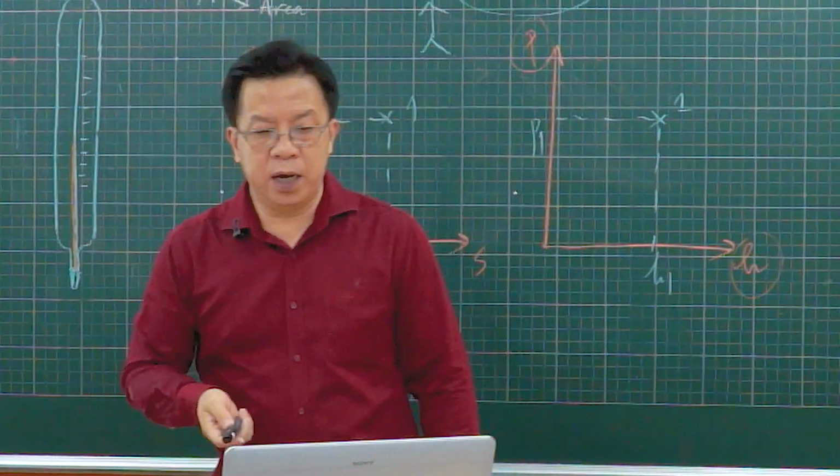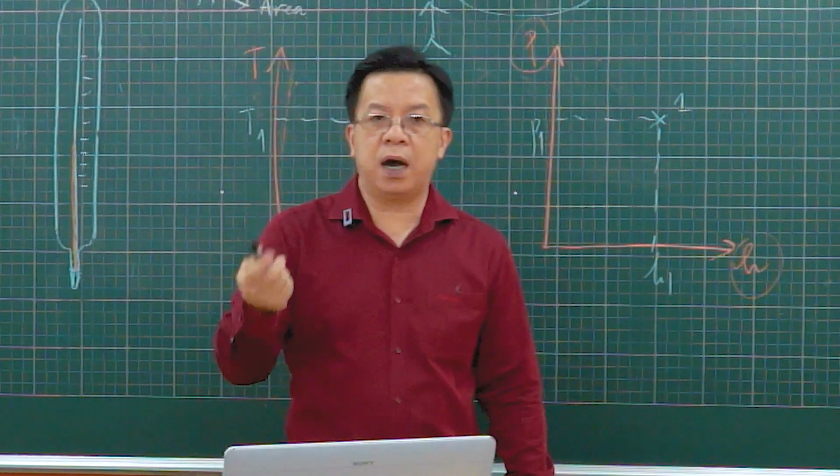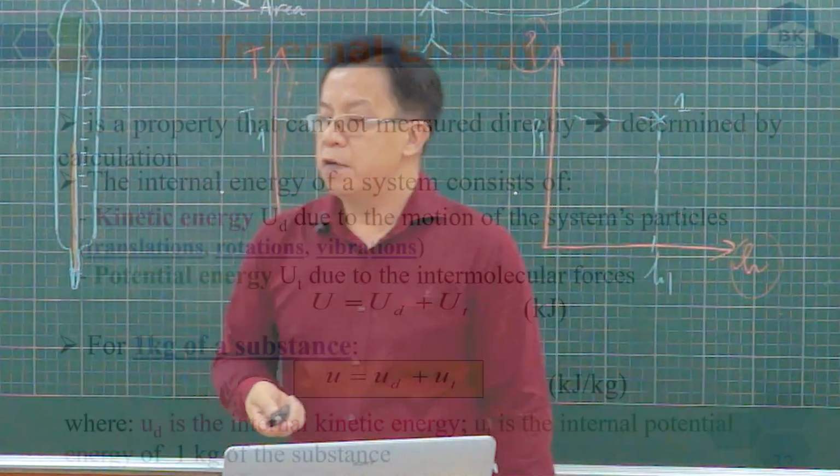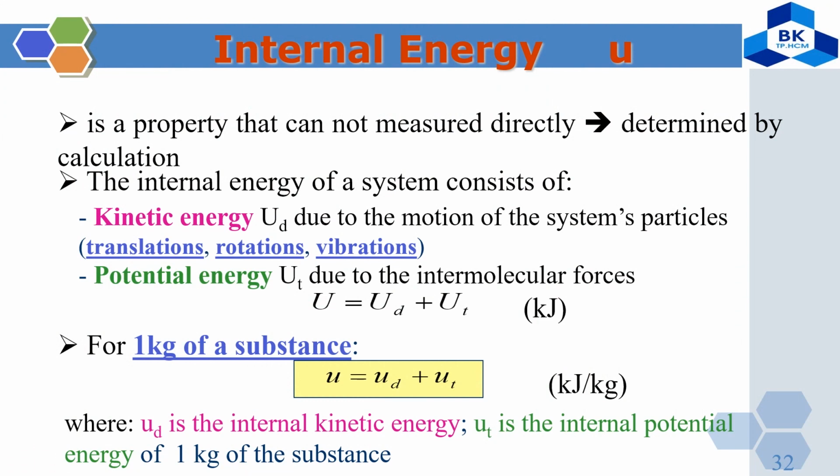Now we go into the 3 calculated properties. First is the internal energy. We use U. The internal energy is a property that cannot be measured directly. It is determined by calculation.